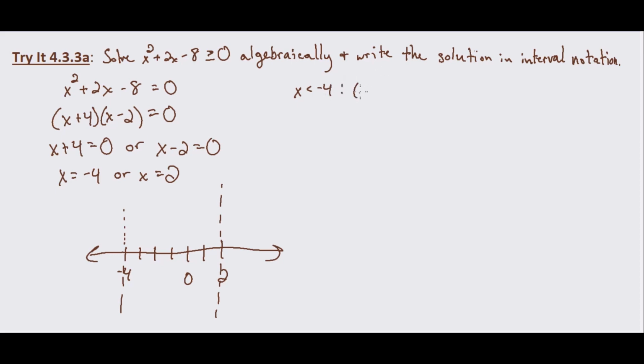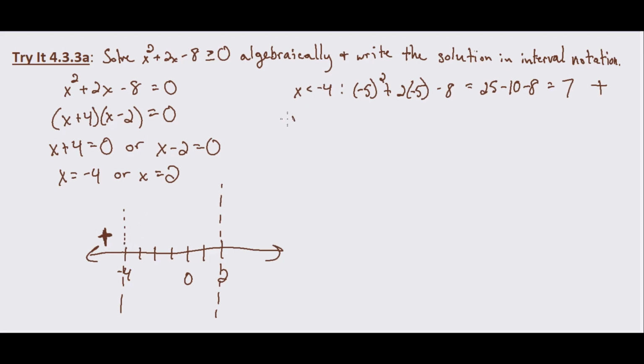So negative 5 squared plus 2 times negative 5 minus 8. That equals 25 minus 10 minus 8, which equals 7. So that's positive. So we'll mark this interval down here. Anything less than negative 4 is positive.